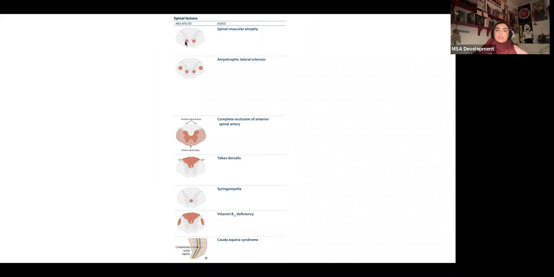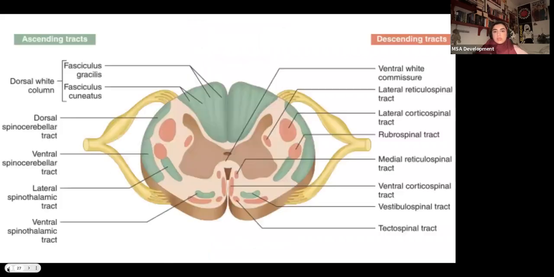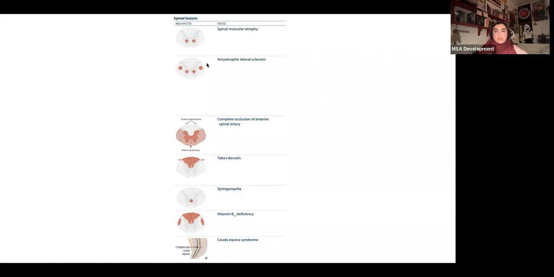In the gray matter, the anterior horn cells are affected. And over here in ALS, amyotrophic lateral sclerosis, this is a mixed upper and lower motor neuron disease. And therefore anterior horns are affected as well as the corticospinal tracts over here. And we know that because, for example, the lateral corticospinal tracts, which are the bigger corticospinal tracts, are running over here, laterally, okay?